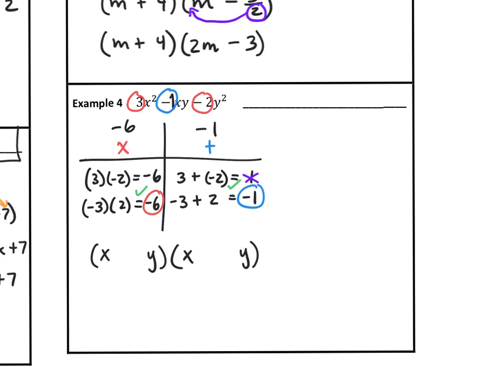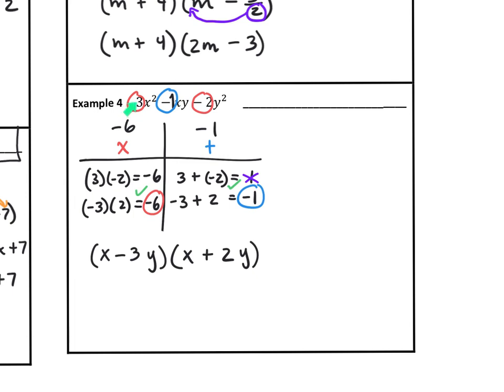Okay? And what was the combination of numbers that worked? It was negative 3 and positive 2. So I'm going to put negative 3 and positive 2. But don't forget, every year students are always forgetting, is the number in the front 1 or is it different? It's different, right? It's 3.